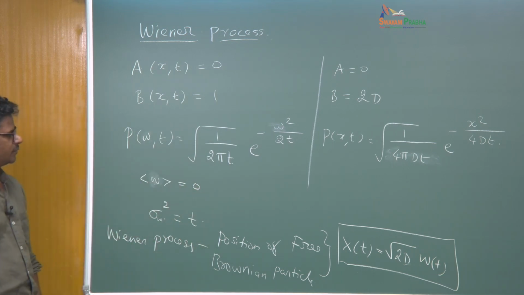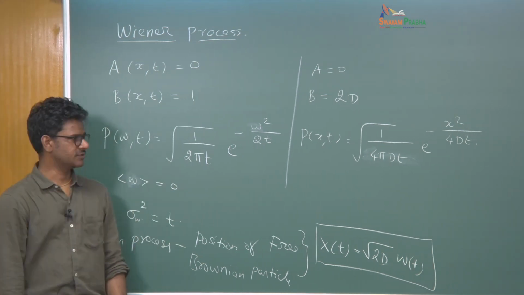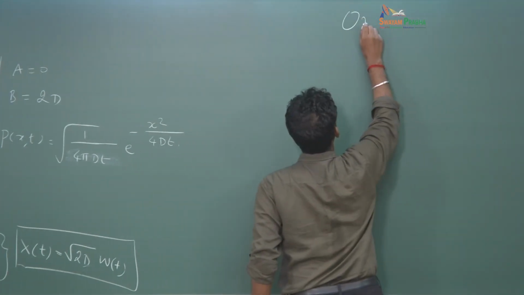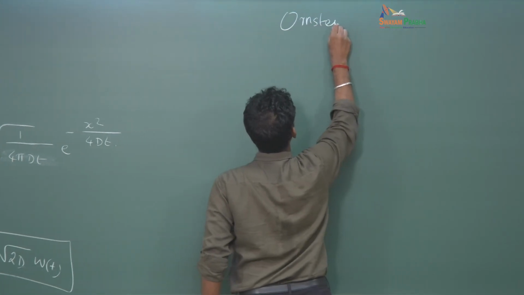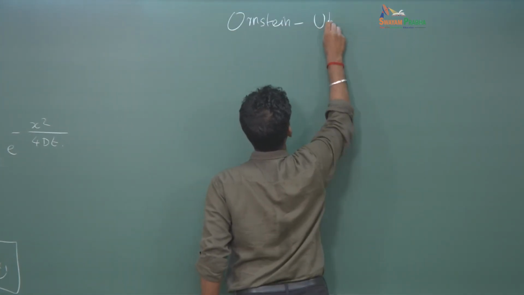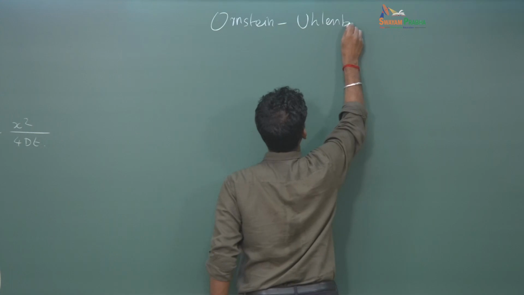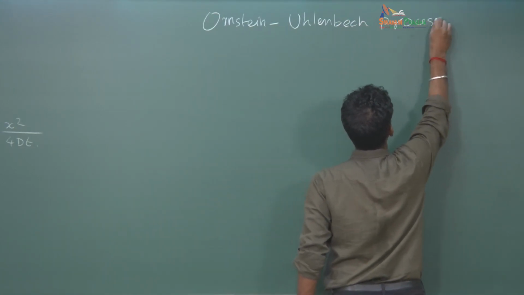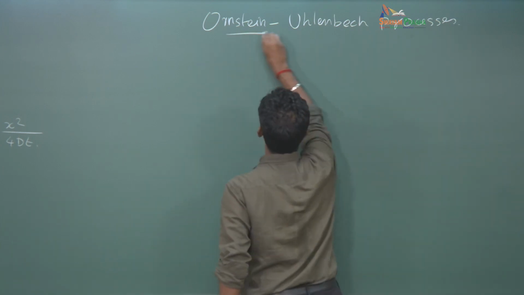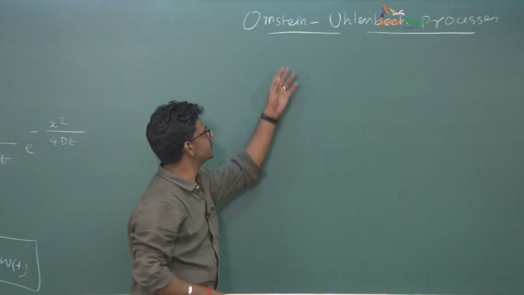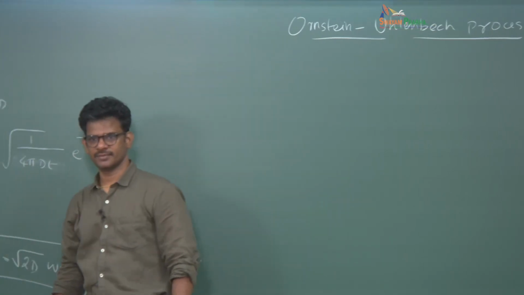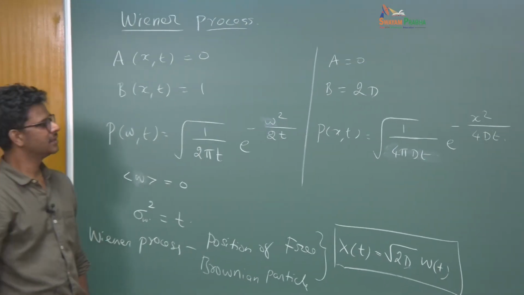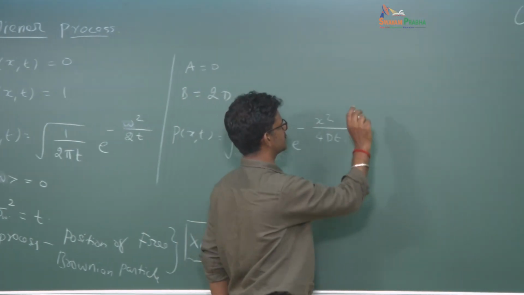So now I want to look at another class of problems. These are called Ornstein-Uhlenbeck processes. Ornstein and Uhlenbeck, these are the scientists' names, okay, who developed this theory. So here, before we look at what that is, we will consider two cases.